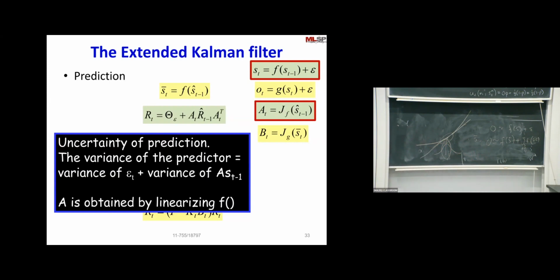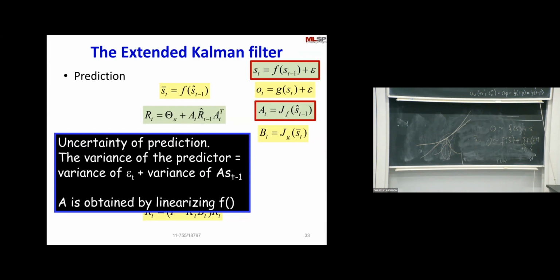And then if I'm predicting my observation at the next time, what am I going to do? Anyone? How do I predict the observation at the next time? Can someone speak up? G of what? S, which S?